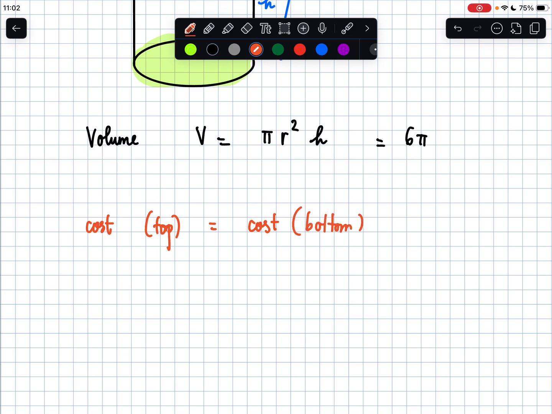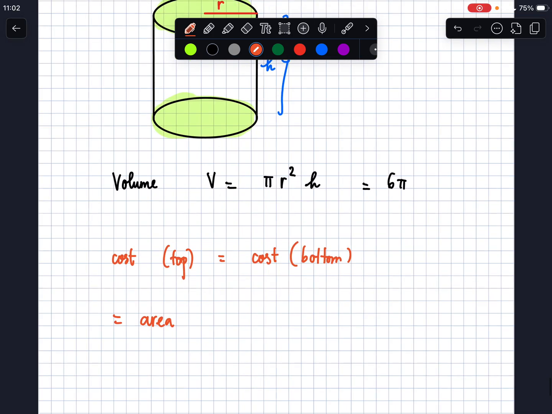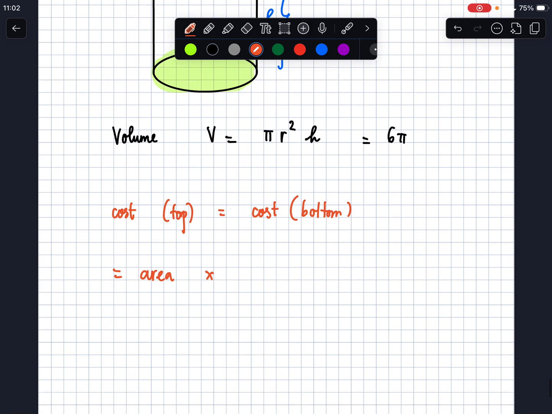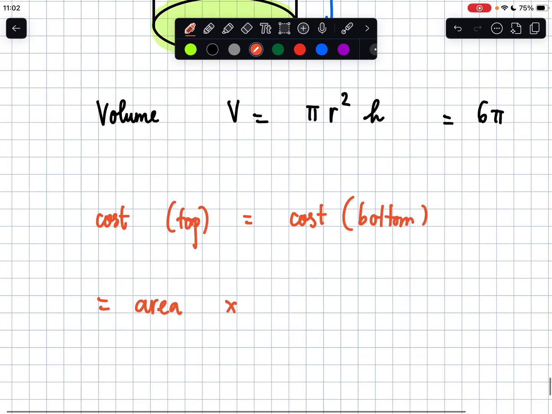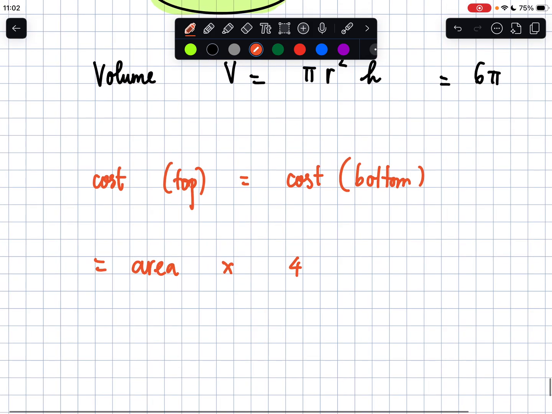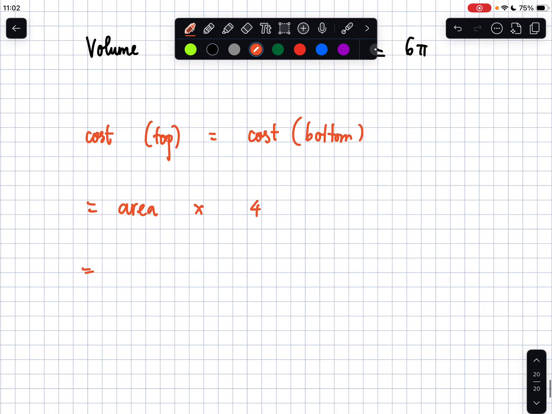This is the area of the top and the bottom, which is the same, times the price, $4 per feet squared. The area is the area of a circle, π r squared, times 4. 4π r squared.